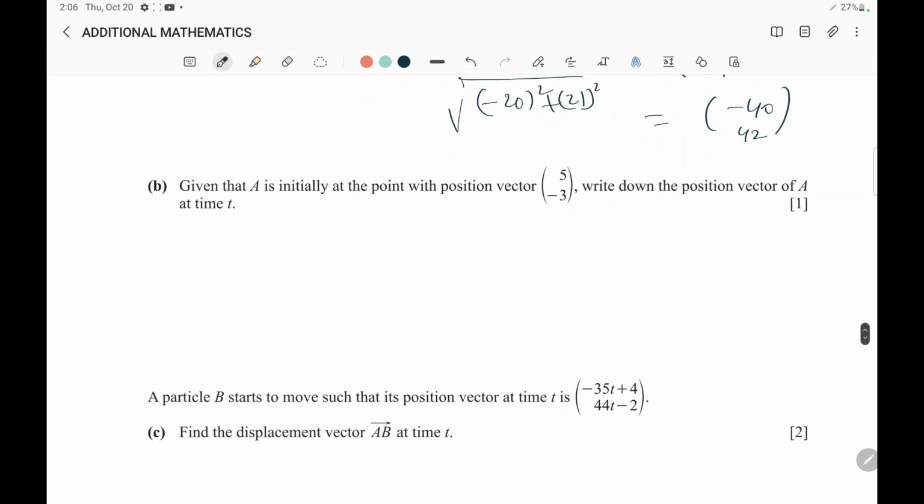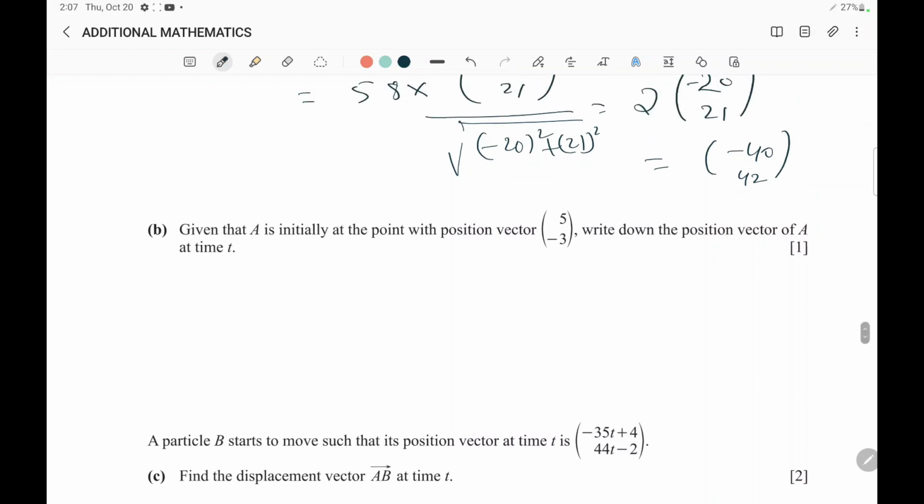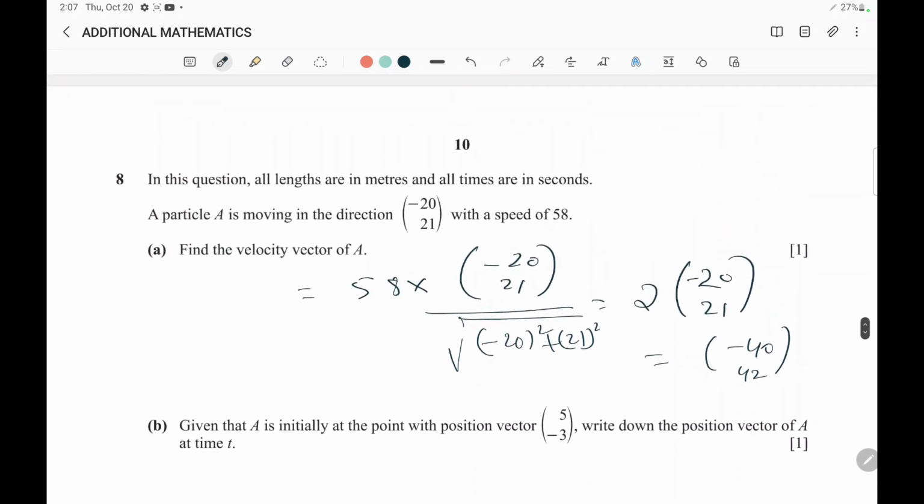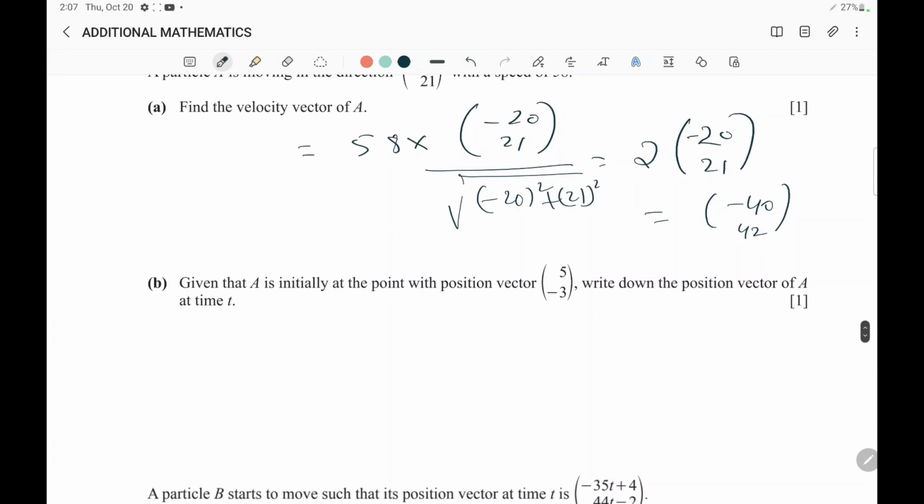Given that A is initially at the point with position vector this, write down the position vector of A at time t. Right, at time t. This is the initial position vector, right?